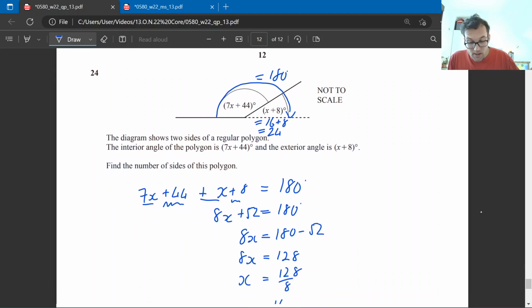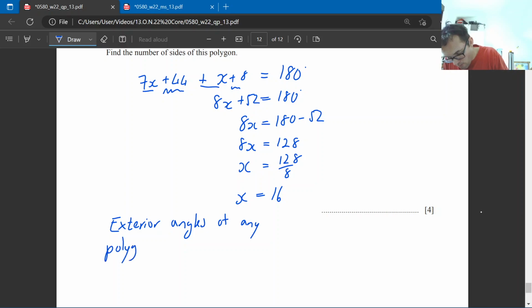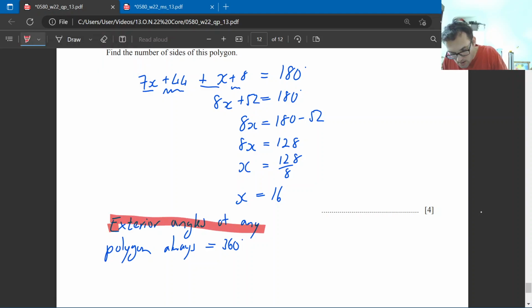It always equals to 360. Remember this, very important. Okay, don't ever forget it. Exterior angles of any polygon is always 360.